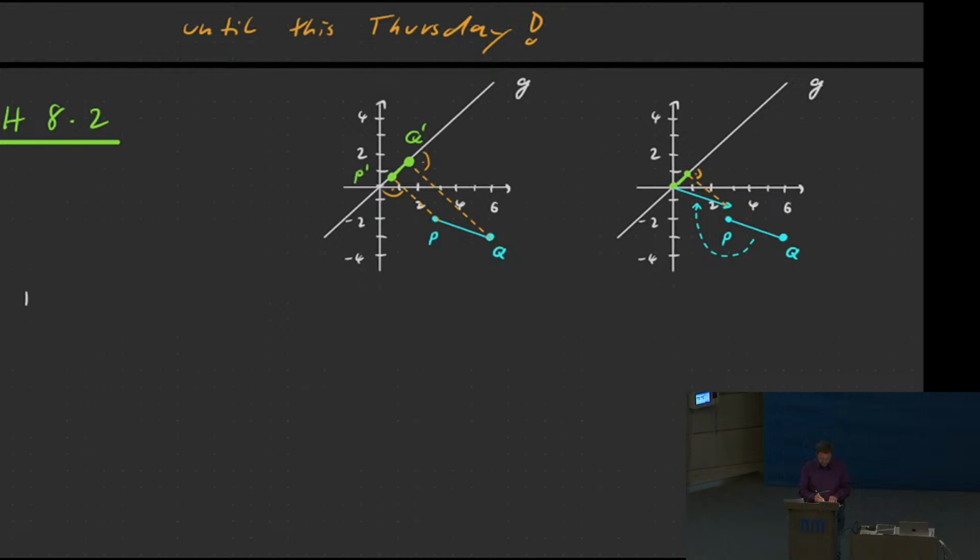Right, so first is find an ONB for G. G is a vector space, so it has a basis, and then it also has an orthonormal basis. Here, G is the span of the direction 1, 1.